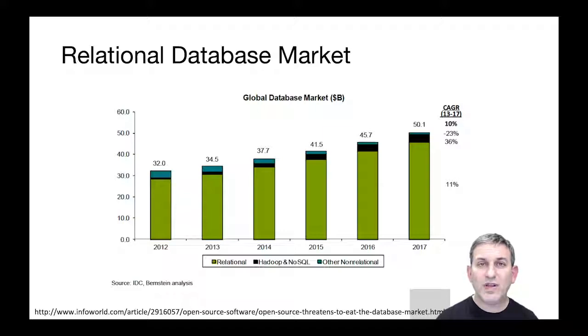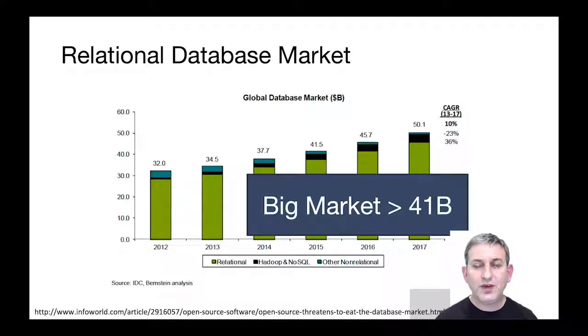Now, in terms of market size, so just thinking about this in terms of dollars and cents, here's the global database market. In 2017, so this chart's a little bit out of date, this was over a $50 billion software market, so quite a big market. And you'll see that the green piece of these bars, the large fraction of these bars, is the relational database market. The relational market itself is over $41 billion, so in and of itself a very large market.